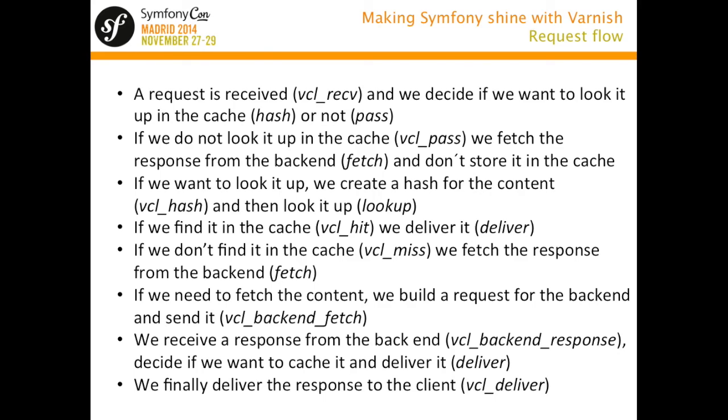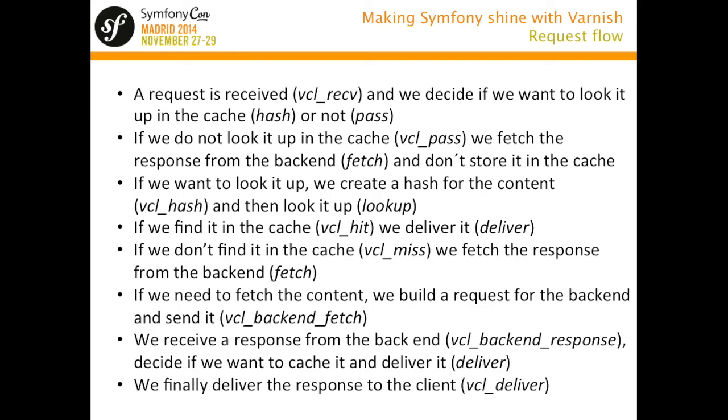This is important to notice. If we want to look it up in the cache, we create a hash so that we can find it in the cache somewhere. Then we look for it, and then we find it or we don't find it. If we find it, then we directly deliver it back to the client. But if we don't find it, we have to fetch the content from the backend.